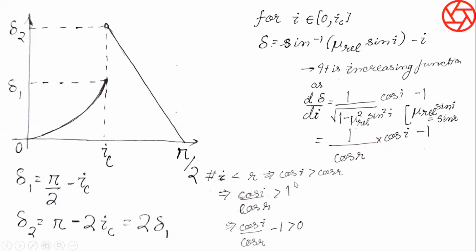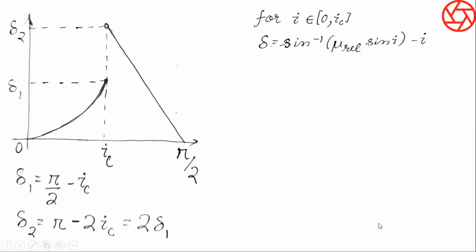Now cos i by cos r is greater than 1, dividing either side by cos r, and cos r is positive. So cos i by cos r minus 1 is greater than 0. d delta by di is no doubt greater than 0, and this is an increasing function, as you saw here.